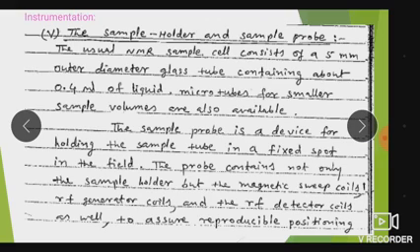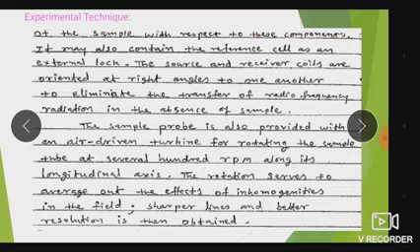So in the field, a good sample probe is required. The probe contains not only the sample holder but the magnetic sweep coils, RF generator coils, and the RF detector coils, as well as assuring reproducible positioning of the sample with respect to these components.